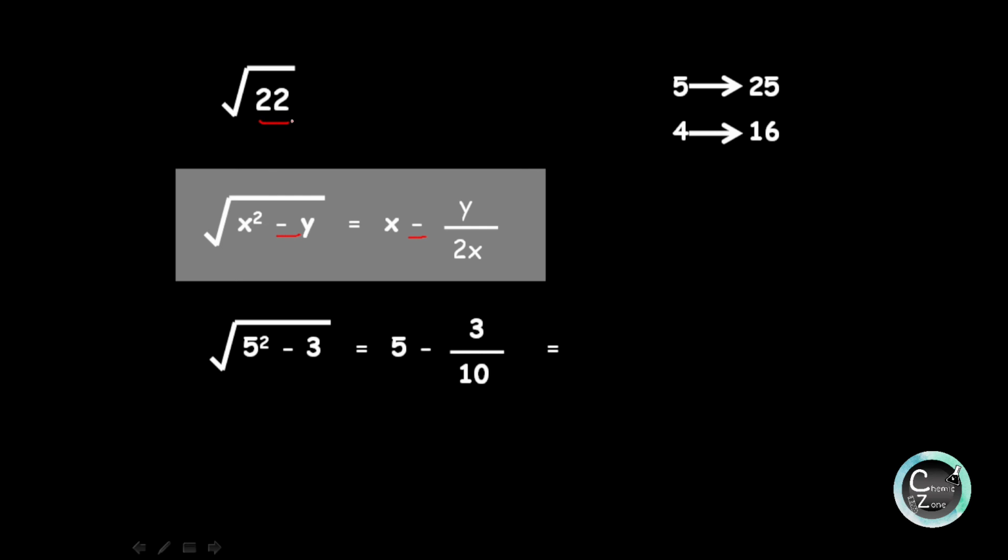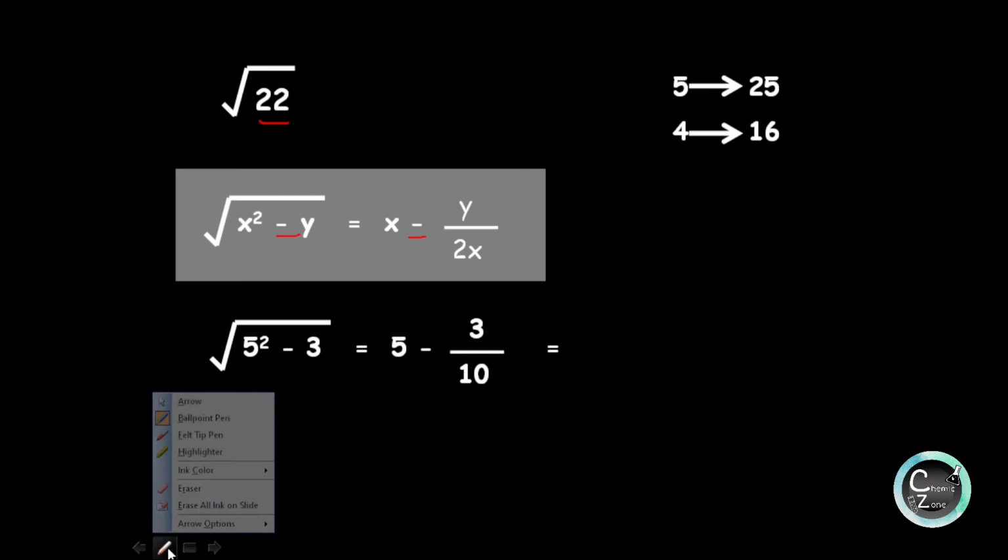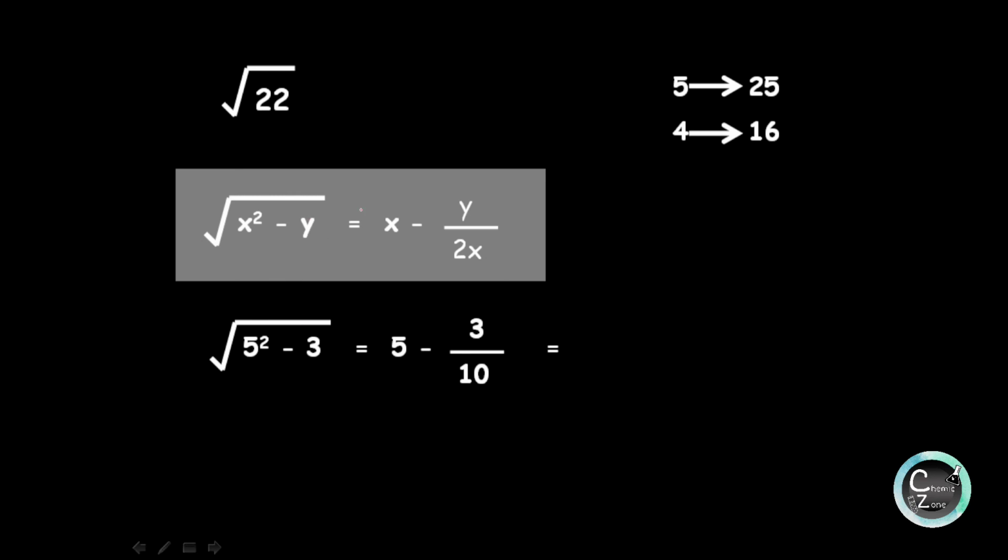So now I will show you this formula to calculate the square root. Here we have to consider x as 5. So 5 square will be 25, and when we subtract 3 from 25, we will get 22.